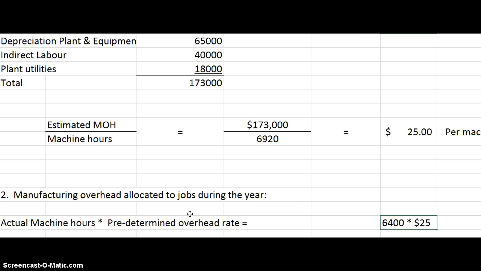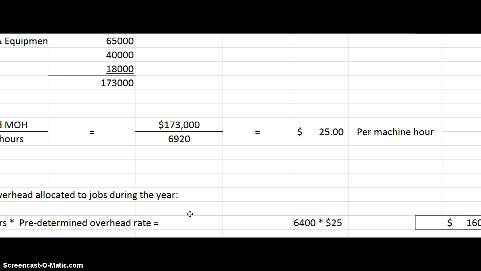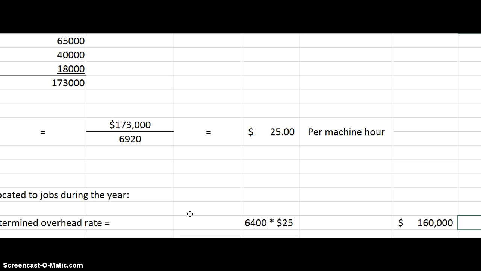So we'll take in total 6,400 hours and times it out by that 25 bucks. So all in all, for the year, we'll allocate $160,000 during the year.